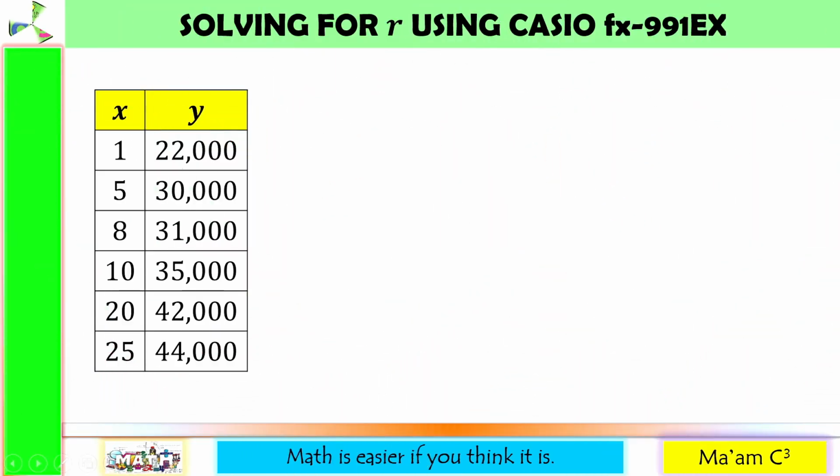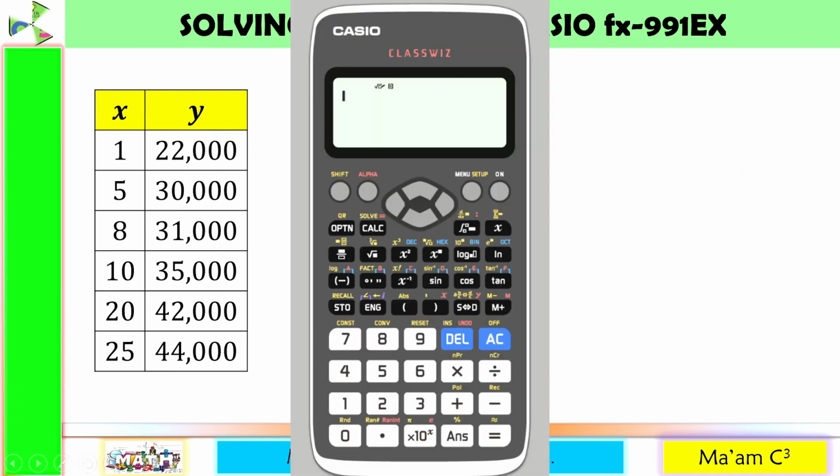This time, I am going to show you how to compute for the value of R using a calculator. This emulator is from Casio model FX570 or 991EX. Let us start. Press the menu button. Choose number 6, that is for statistics. Since we have two variables, length of service and salary, we're going to choose number 2.